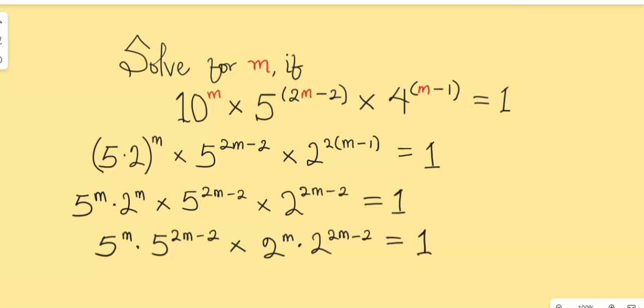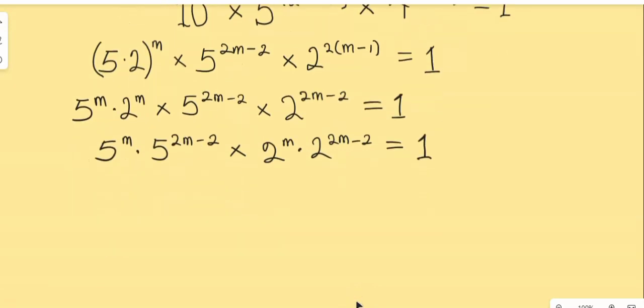You can see from the beginning we discovered that this equation looked bogus, but by the time we apply our method, we see that it's becoming meaningful. Since we have 5 raised to the power of m multiplied by another 5 raised to the power of 2m minus 2, we can pick one base and add their powers. So we have 5 raised to the power of m plus 2m minus 2.